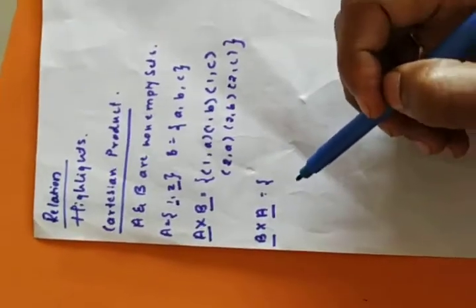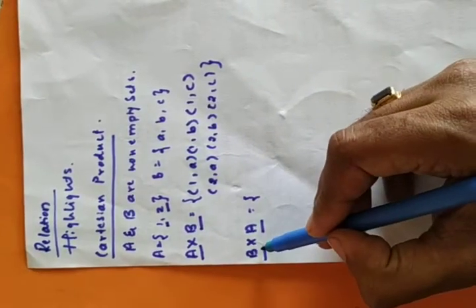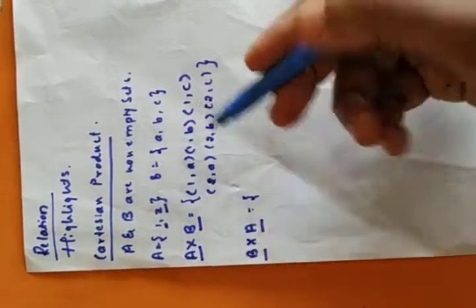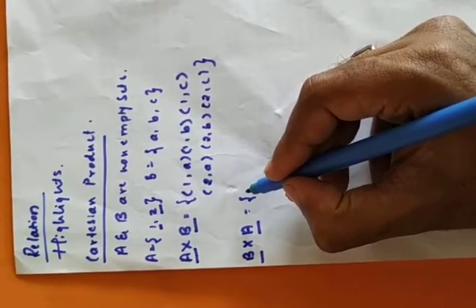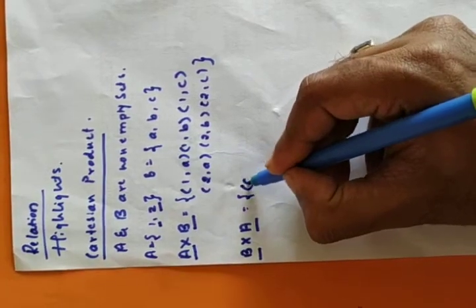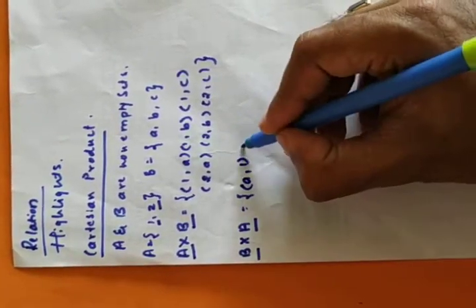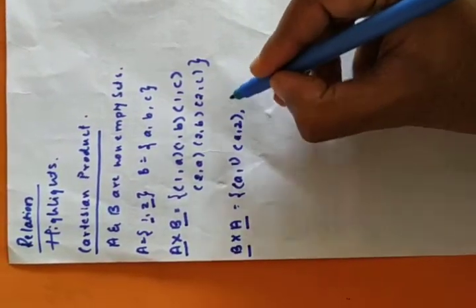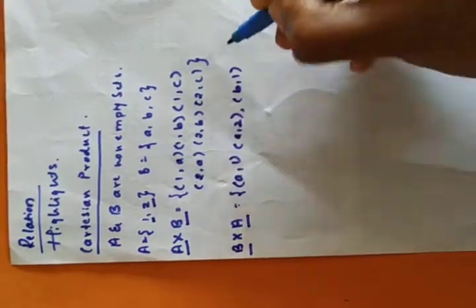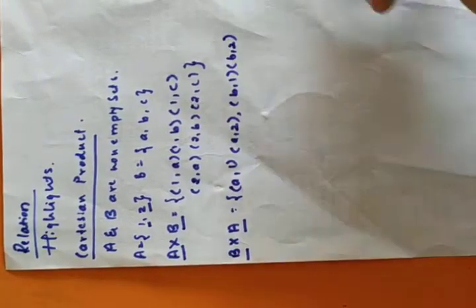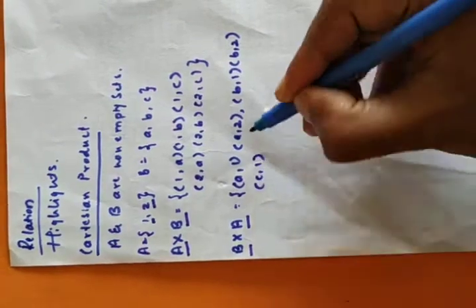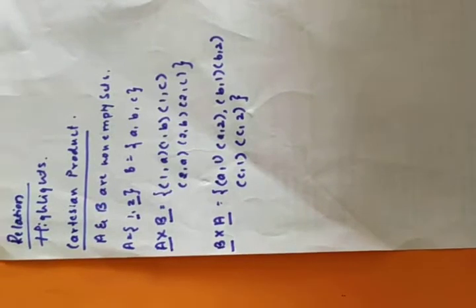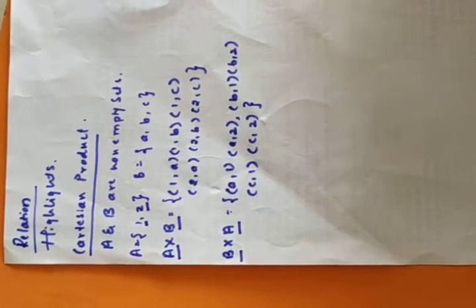So B into A means each element of set B is paired with each and every element of A. Then I can write this as (a, 1), (a, 2). Next (b, 1), (b, 2). Next (c, 1), (c, 2). So this is how to write the Cartesian product of B into A.